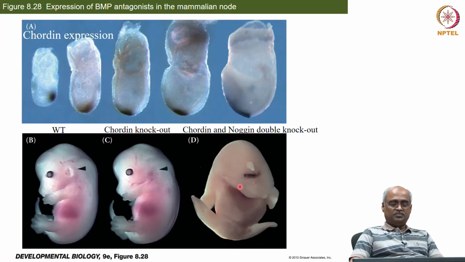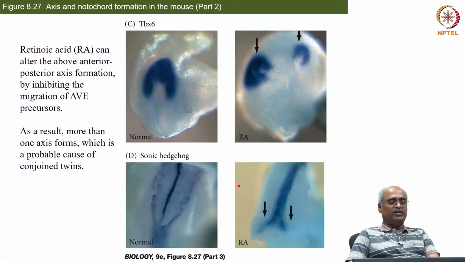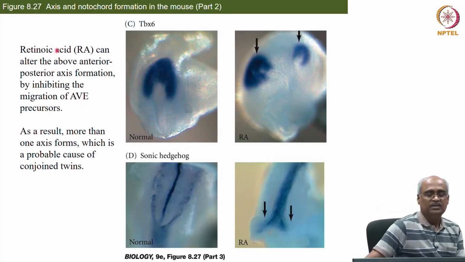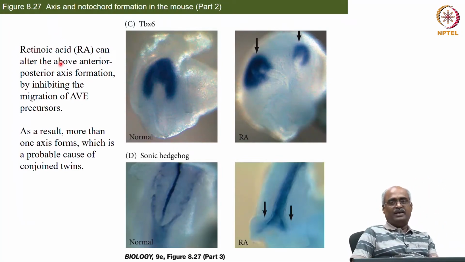And another important molecule that plays a role in this head to tail axis formation is the vitamin-derived signaling molecule retinoic acid. This is from vitamin A. Okay, so retinoic acid can alter this anterior posterior axis if it is introduced at the stage of gastrulation.